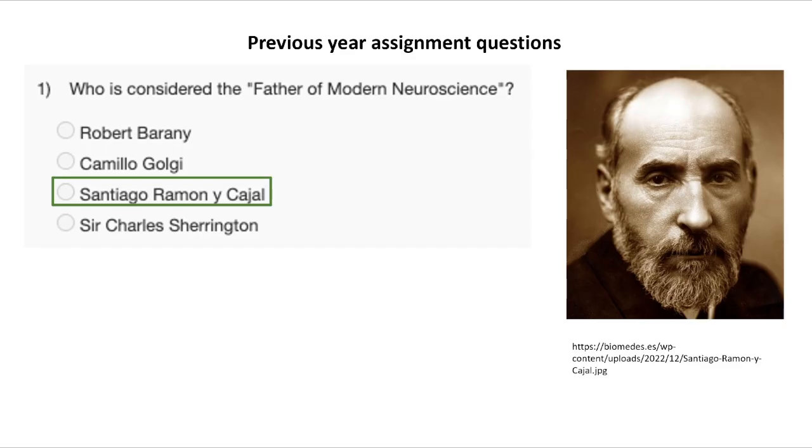And Spain was also not in the same league as other nations at that time in terms of scientific endeavors. France, Germany, Great Britain, all of these were considered excellent centers for science. Spain was nowhere in the picture. So initially, people did not even know about what Kahal was doing.